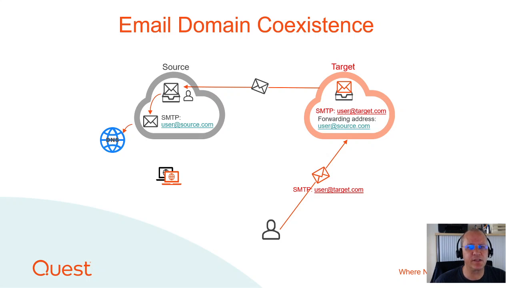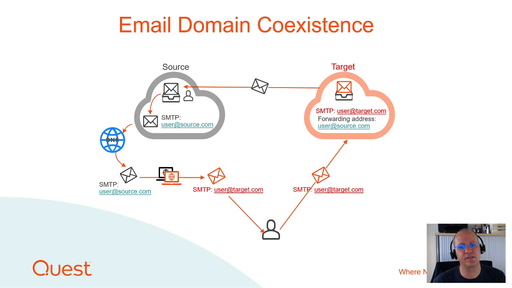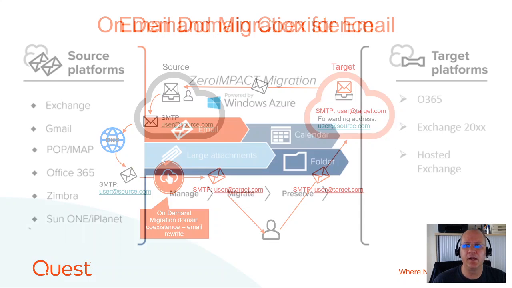When he responds to that mail, it's going to follow the normal DNS process, at which point we have to intercept the message and rewrite the address so that when it gets to the user on the outside, it's actually seen as target.com. So, as we mentioned, it's a rewrite service, and it gives you that full coexistence from day one. So if you'd acquired a company and you want everybody to have the same SMTP address, you would be able to have that from day one as well.